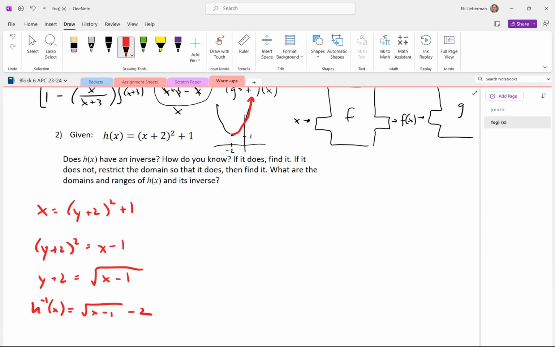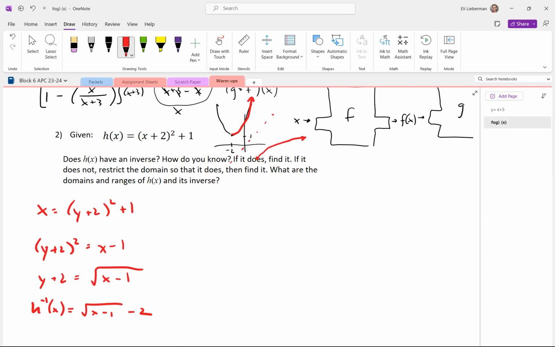Okay, so if I were to graph this, are we good with what it would look like? Yeah, symmetric to y equals x. So we have a point at 1 comma -2. I think we'll come down here like this and then go up.